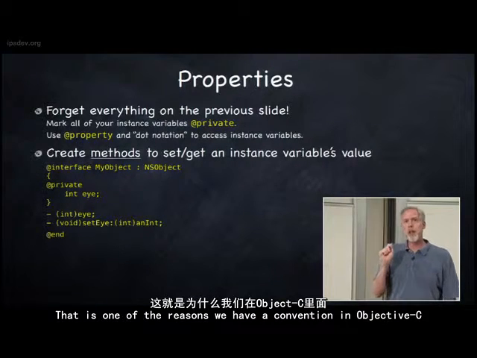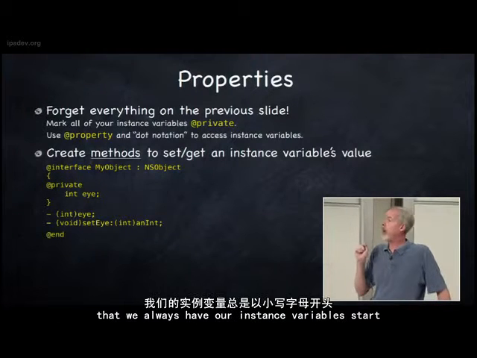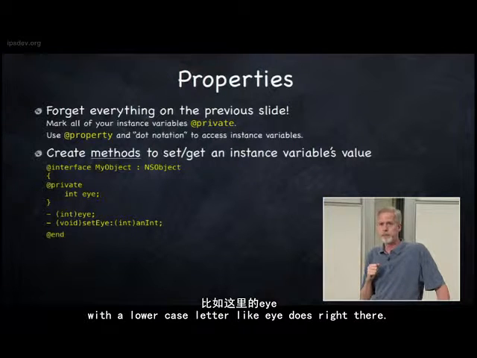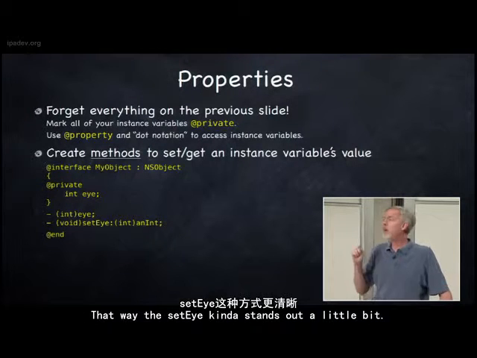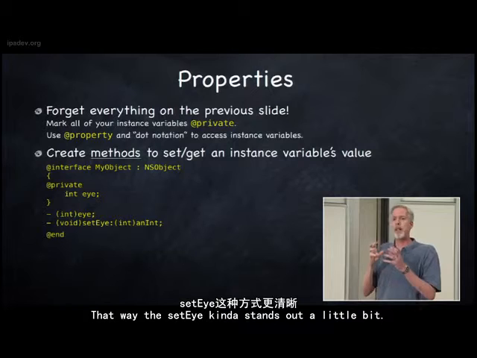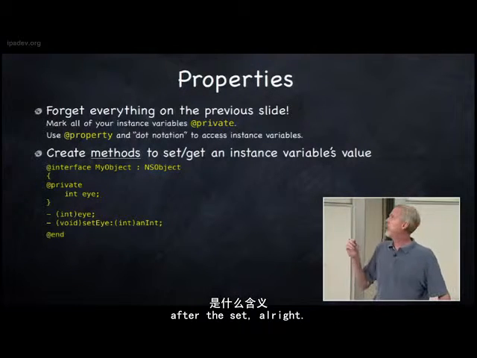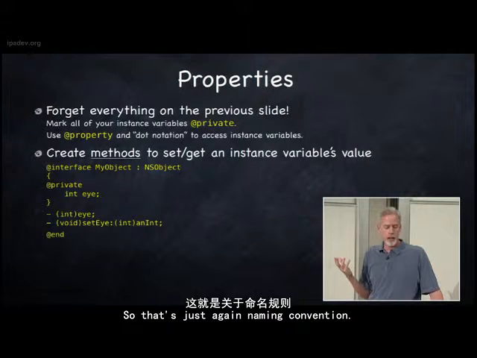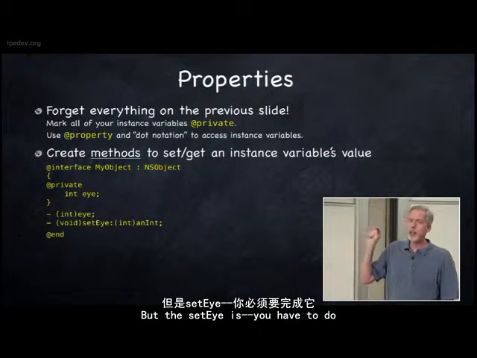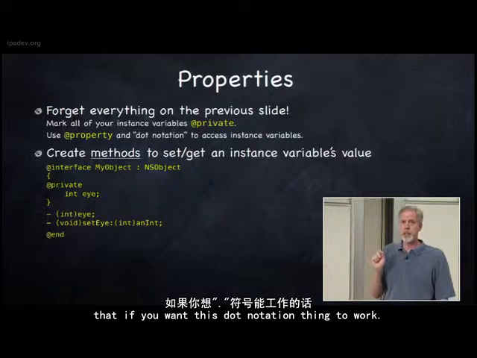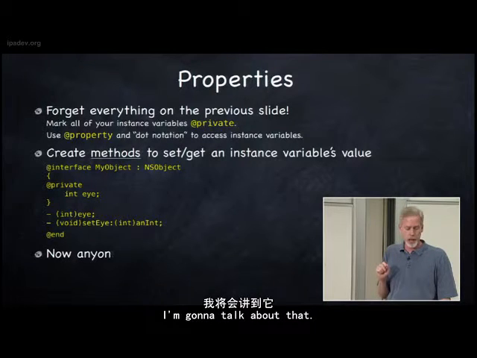That is one of the reasons we have a convention in Objective-C that we always have our instance variables start with a lowercase letter, like i does right there. That way the setI kind of stands out a little bit. The setters are clear because of this capital letter after the set. All right, so that's just, again, naming convention. But the setI, you have to do that if you want this dot notation thing to work. We're going to talk about that.